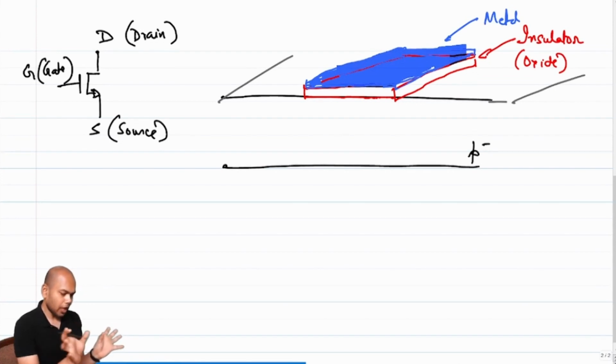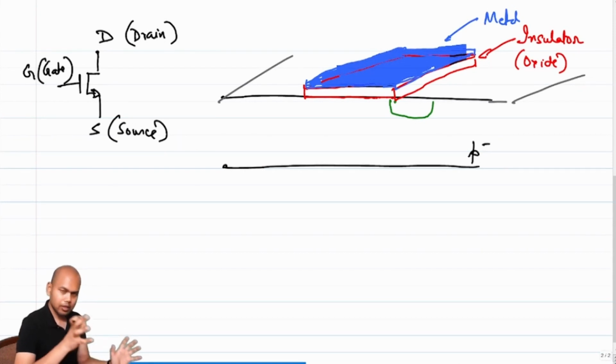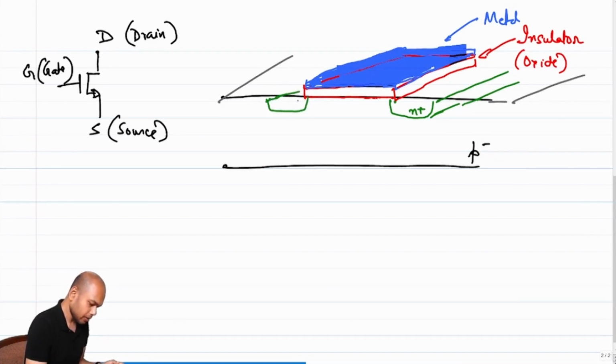And on two sides of the metal, what we further do is we dig a portion and dope it with n-type silicon. We dope it on both sides with n-type silicon, right?